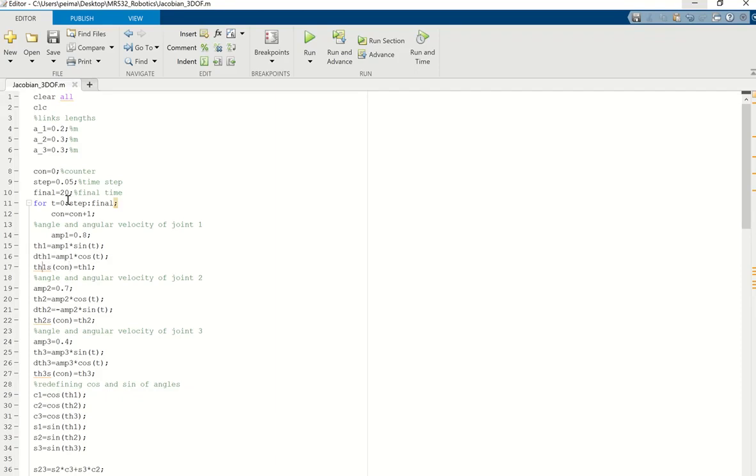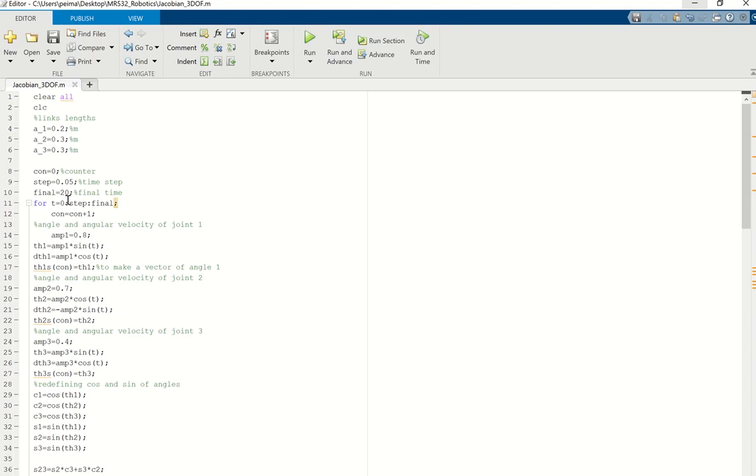Then I'm putting these angles in a counter to make a vector of angle 1. This is how we make a vector from consecutive numbers.